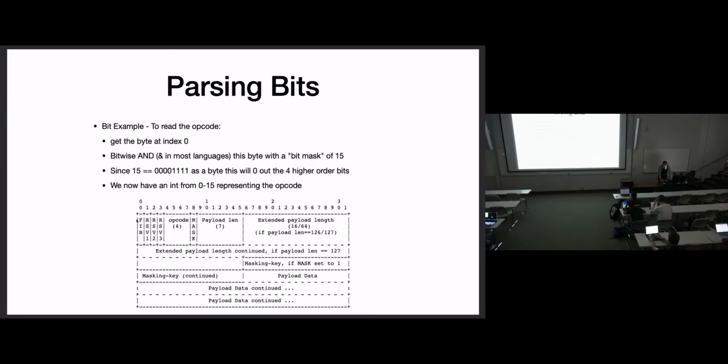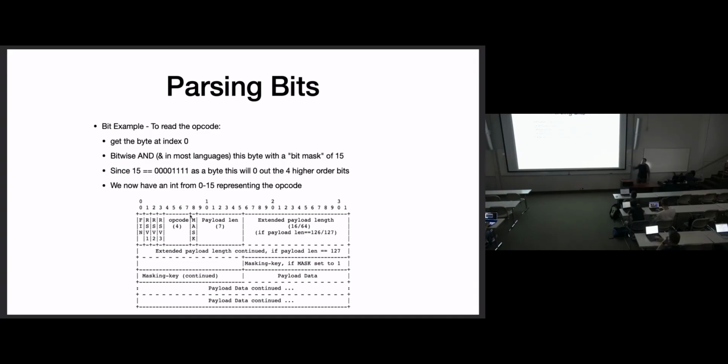So when you read the very first byte of this frame, you get all of this information. If you're only interested in the opcode, and we'll talk about what all these things are once we talk about parsing bits, what you can do is take the first byte of the frame and do a bitwise AND, which is just a single ampersand in most languages.